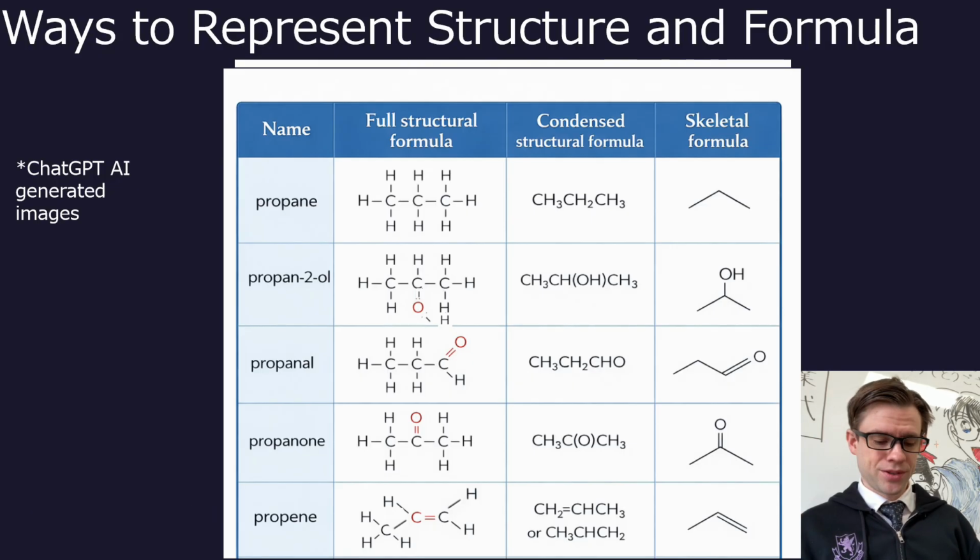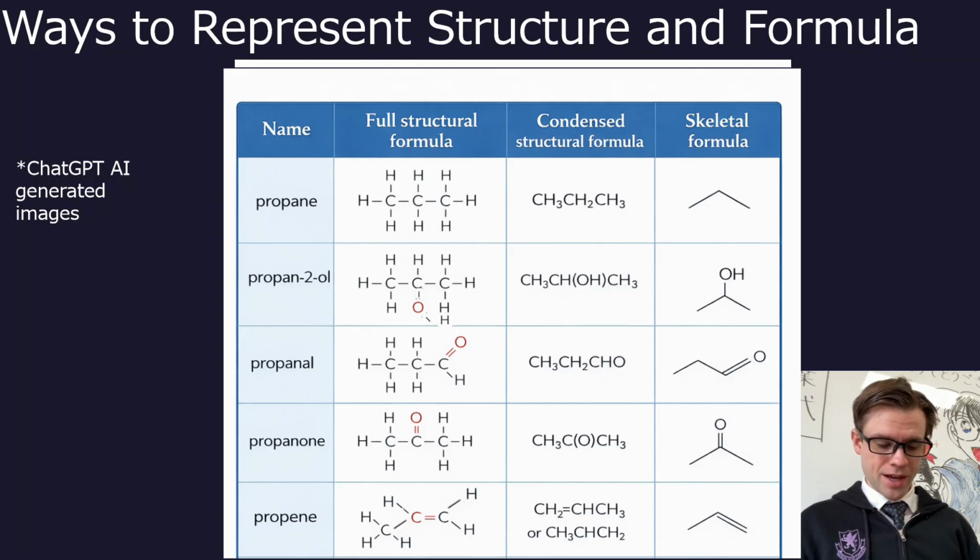Okay, next, propan-2-ol, CH3, CHOH, CH3. So it has this OH group attached to the central carbon. And the skeletal formula, a zigzag with an OH attached to the middle. So now that carbon, we understand, has only 1 hydrogen attached because another thing has been labeled, the heteroatom in the OH group.